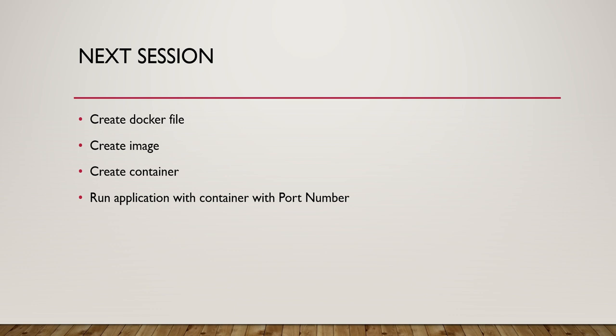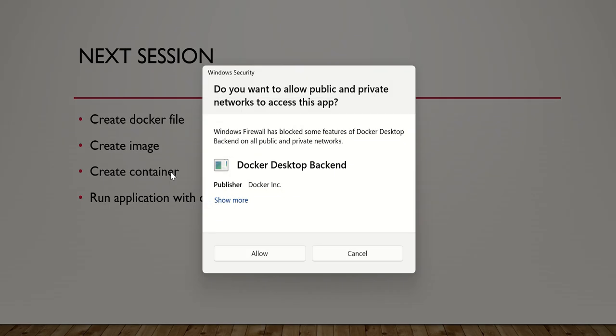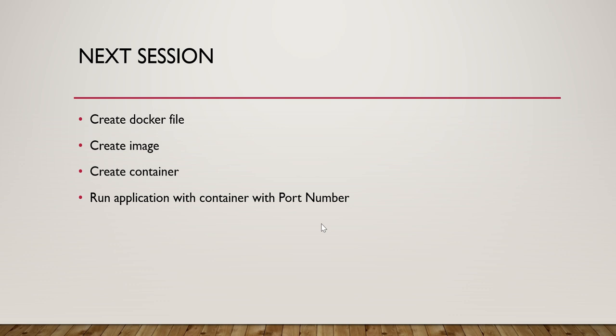This is the first session of Docker, an overview of Docker and how to quick start with it, and it will be beneficial for beginners who want to start with Docker.